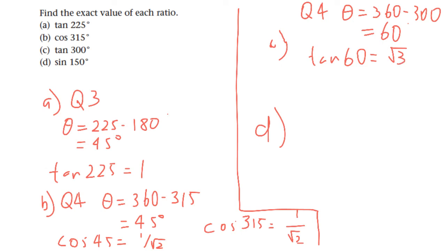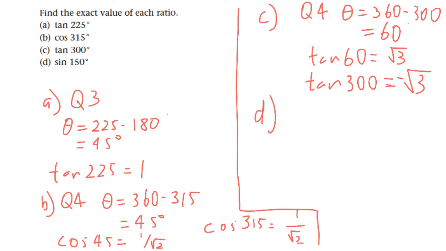Now we need to ask ourselves, my value for tan of 300 is going to be root 3, but should that be positive root 3 or negative root 3? Our answer is that it should be negative, because we're in the fourth quadrant, where cosine is positive, but both sine and tangent are negative. So I end up with negative root 3 there.